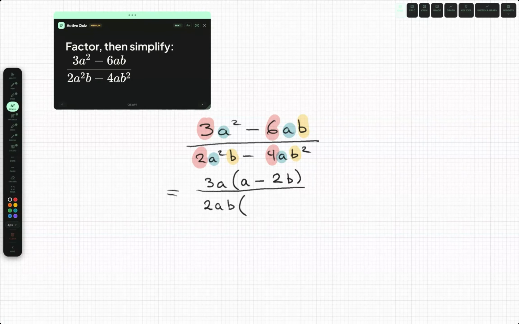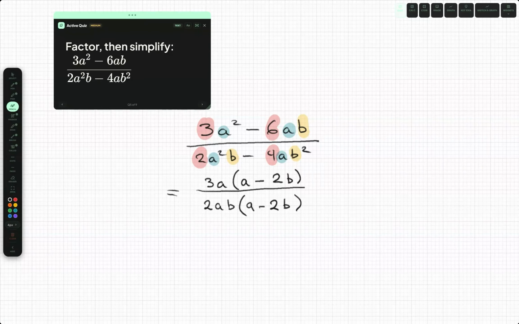So 2a squared b divided by 2ab just leaves us with a, and then 4ab squared divided by 2ab leaves us with minus 2b.